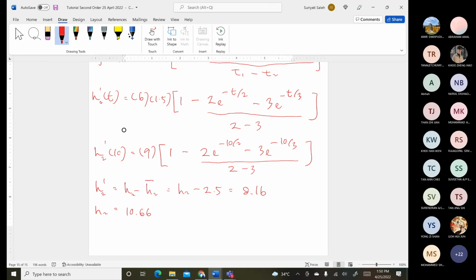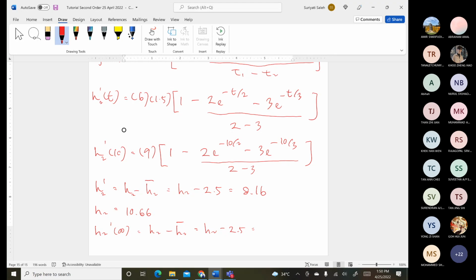And lastly, for the height at infinity, you just change the t with infinity. So h2 prime at infinity is equal to h2 minus h2 bar, where h2 minus 2.5 equals 9 at time infinity.